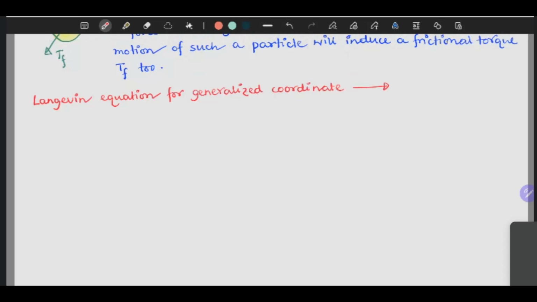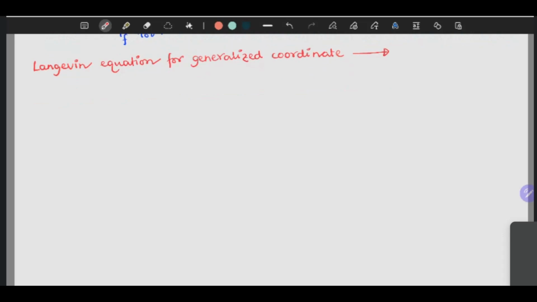It becomes minus sum over j of gamma ij xj dot, minus del U del xi, plus Fi random of t, equal to 0.